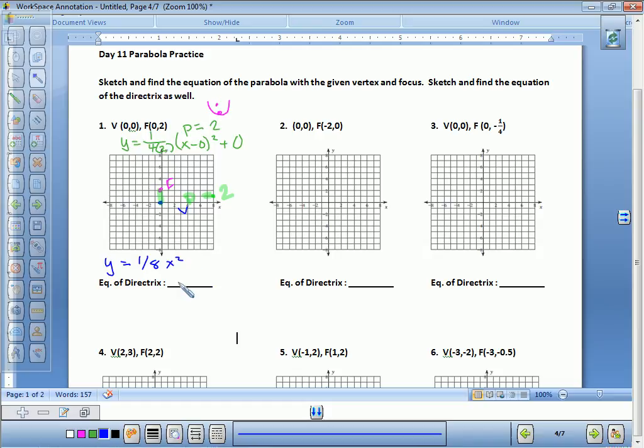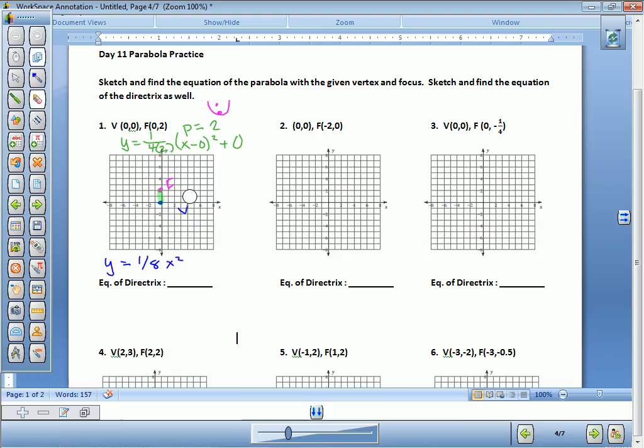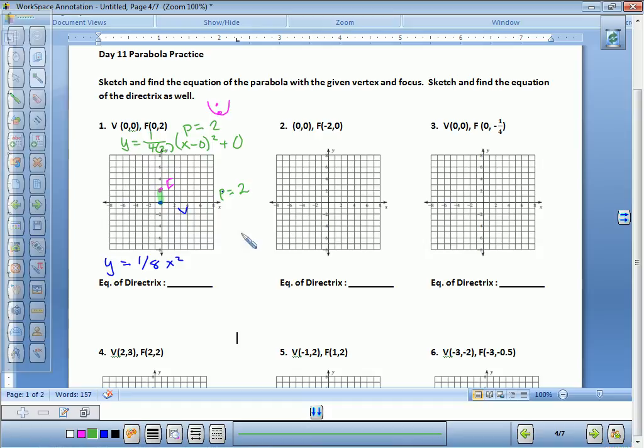Wait, I'm sorry, where did you get P from? I counted the distance from the vertex to the focus, and we said that that distance was 2. So where did the 1/4 come from? The equation for a parabola is always y equals 1 over 4p.